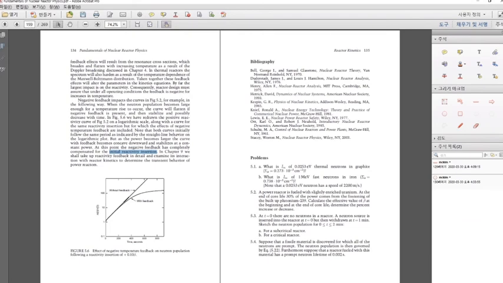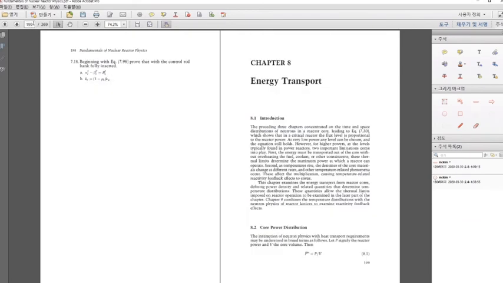So before moving to chapter 9, we first need to understand how energy produced by fission reaction, which is stored in the nuclear fuel, can be transported to coolant and then eventually be utilized and transformed into mechanical energy and then electrical energy.